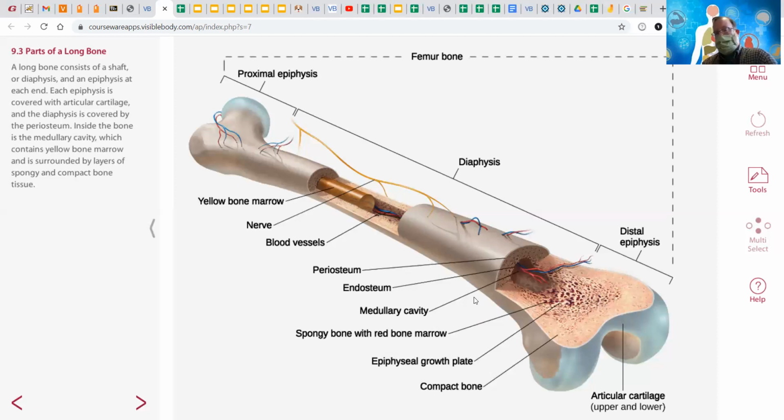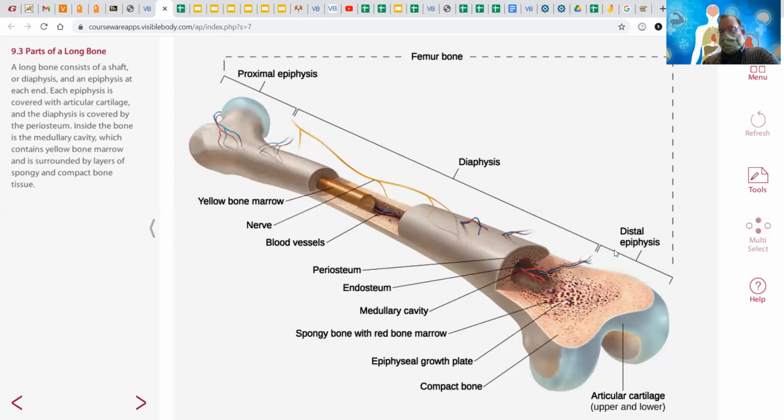Okay, so periosteum's the outer layer, then compact bone, then spongy bone. And then we see kind of an inner lining called the endosteum. Endo as a prefix means inside of or in, like entering. Okay? Endo means inside. So inside the bone is endosteum. Outside and around the bone is periosteum.